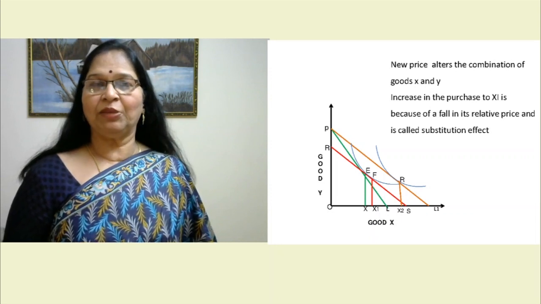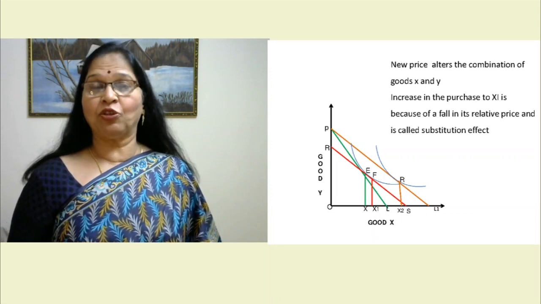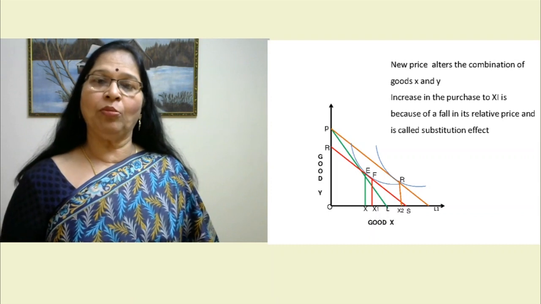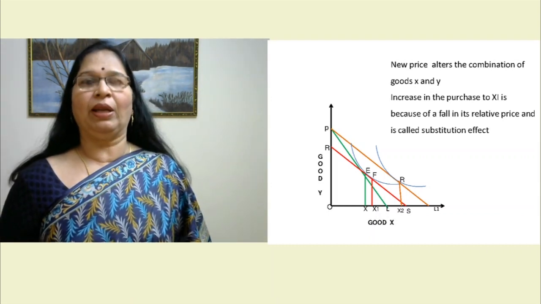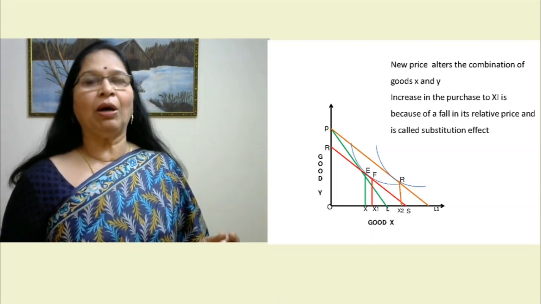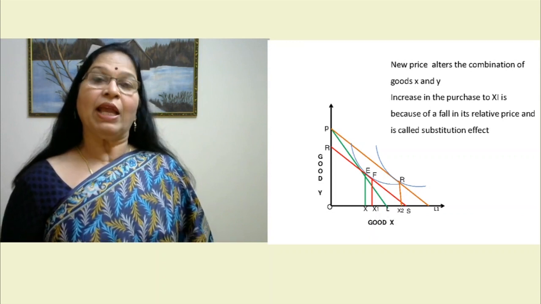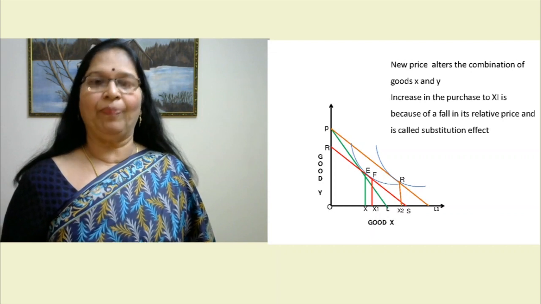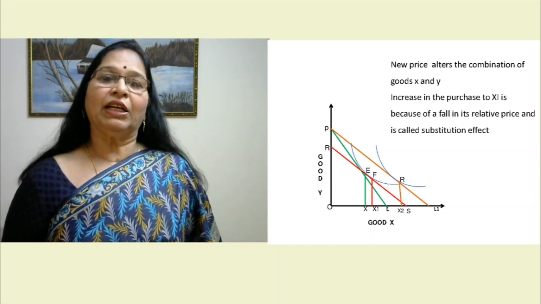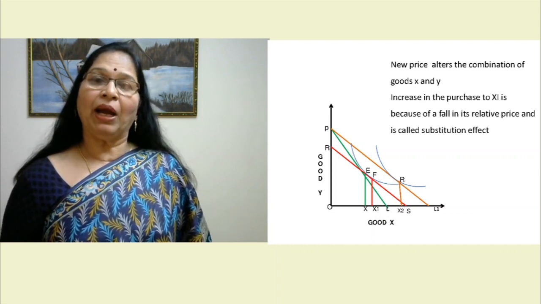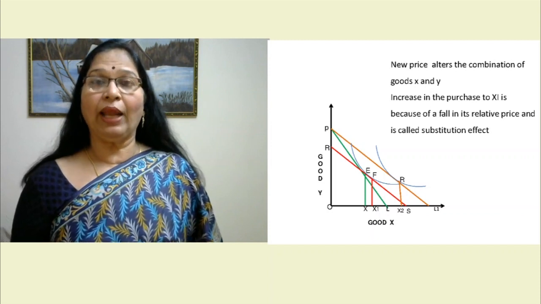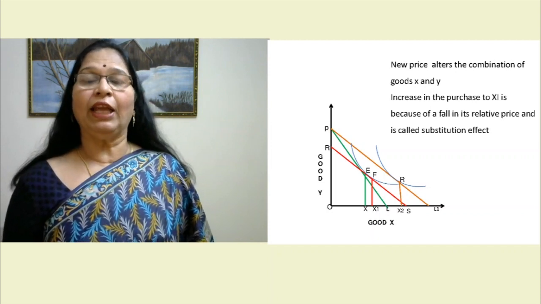Because of a change in the price of commodity X, the consumer moved from X to X1. So he's substituting some amount of Y with some amount of X because X has become cheaper. And at the same time, the consumer can buy more, up to X2, because of an increase in income.